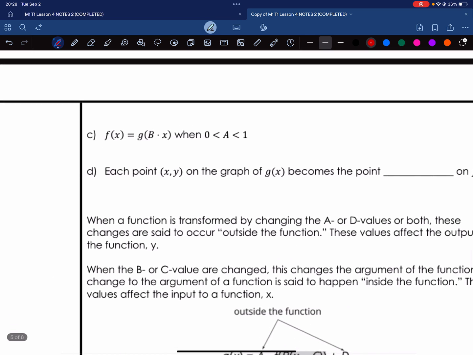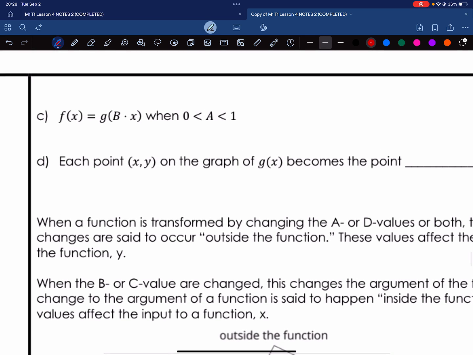Okay. Now, when the b value is, and again, this right here was a typo, when the b value is between 0 and 1, this is when we have a horizontal stretch by 1 over b.